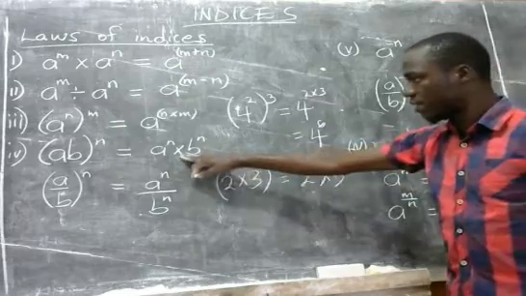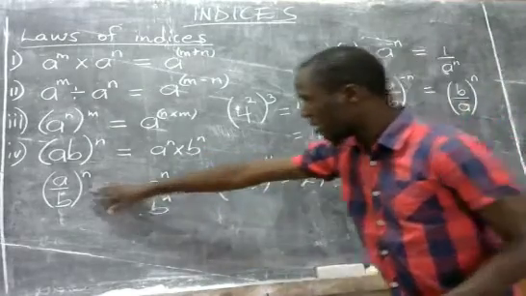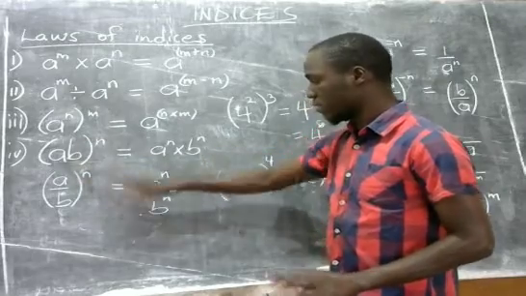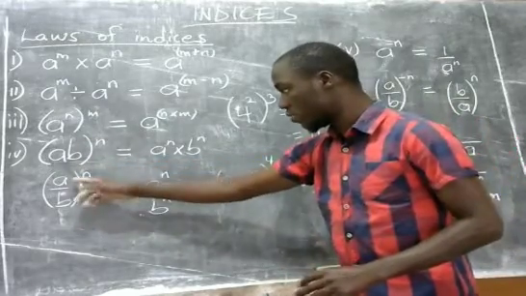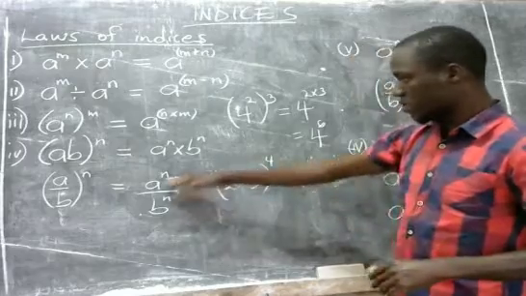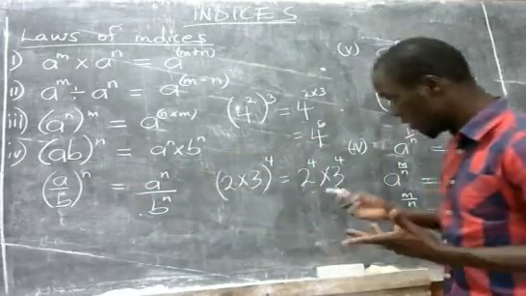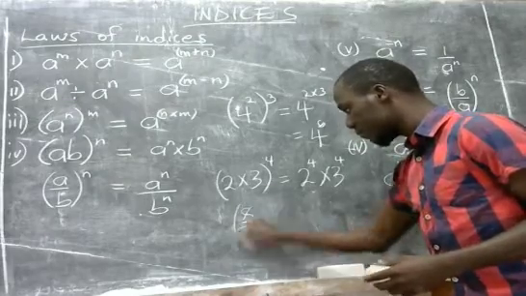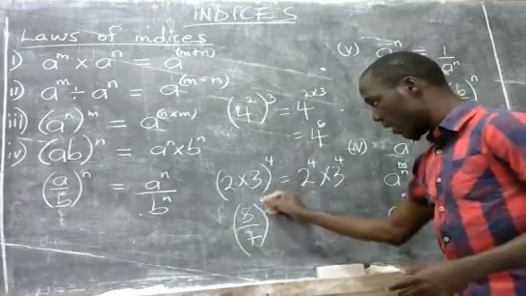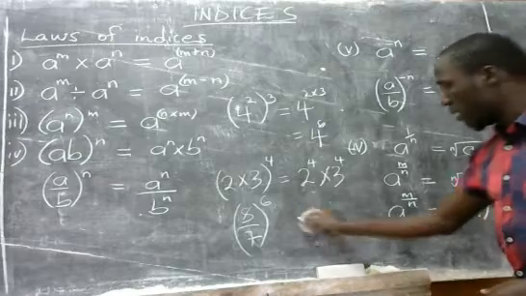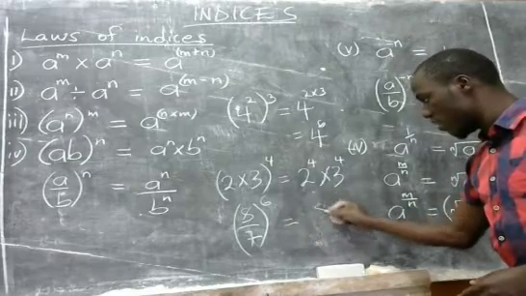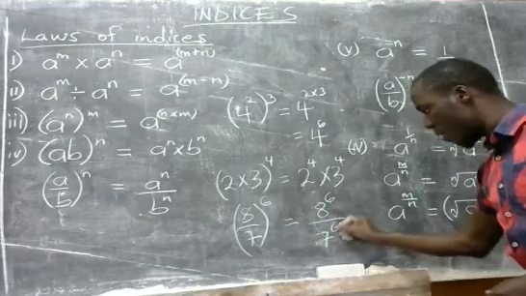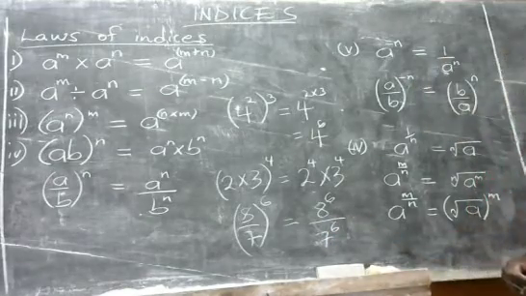Then this one here is just for division. It is the same thing, the power is distributed when you remove the bracket. For example, if I have 8 all over 7, then power 6, that one is going to be equal to 8 power 6 divided by 7 power 6.